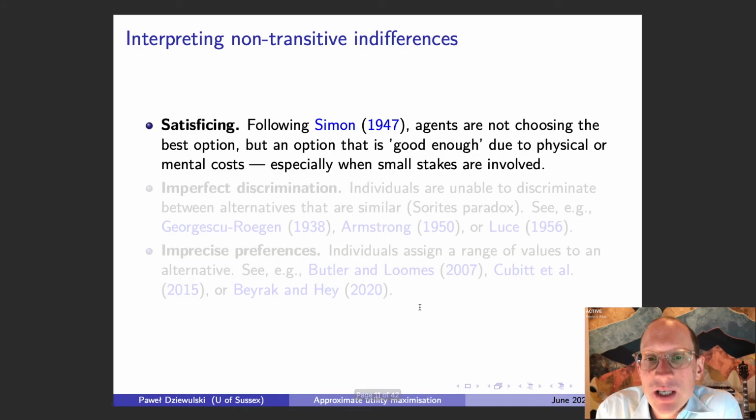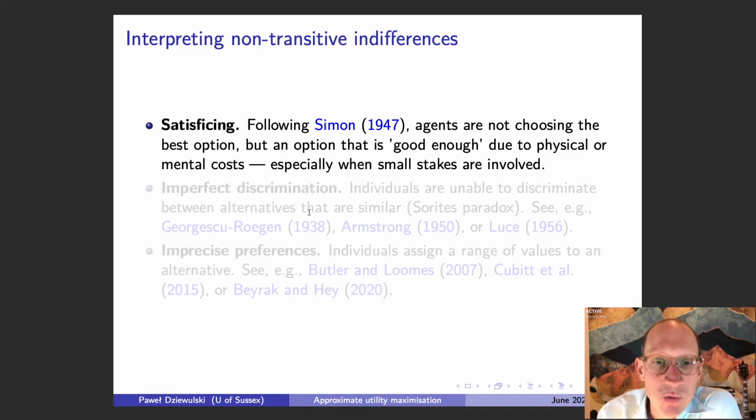Now, before I continue, one final question would be, why should we care about non-transitive indifferences? I guess this is worth investigating. And so a few interpretations just showing that non-transitivity of indifferences isn't that absurd, and there isn't really anything irrational about having non-transitive indifferences.